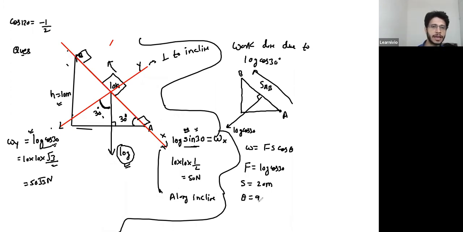Theta is 90 degrees. So work done is 10g cos 30 into displacement, which is 20, into cos 90. Cos 90 is 0. So work done will be 0.